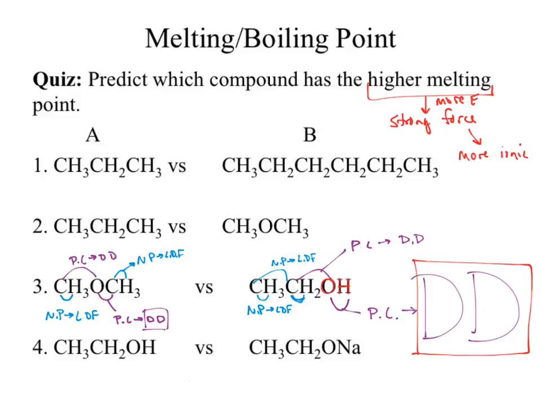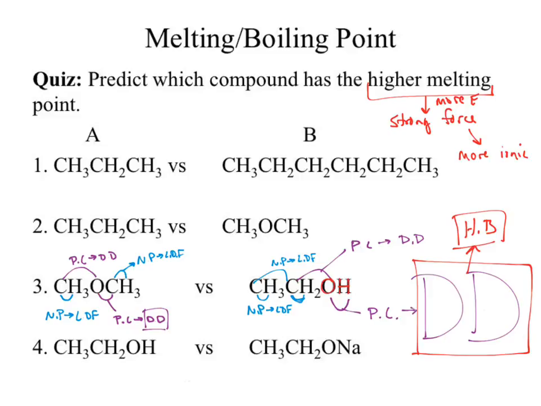Bigger dipoles means stronger force. That force has actually become so strong that what do we then classify it as? Hydrogen bonding. How do we know it's hydrogen bonding? We have a hydrogen, we have a dipole-dipole force, and we have a hydrogen bound to oxygen, which means I have hydrogen bonding.